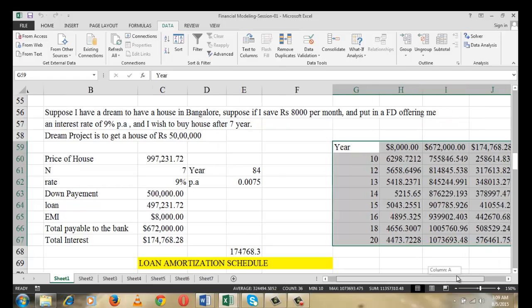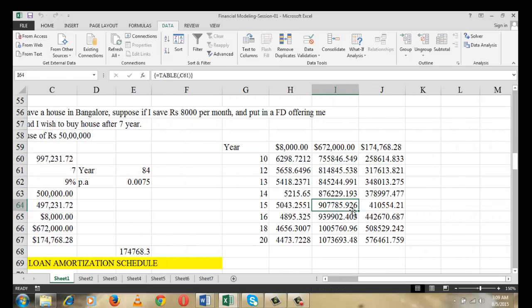You'll get the answer. Now you can analyze. If I had taken a 13-year loan of 4,97,000 rupees, what would be the total payable? How much would I have paid?